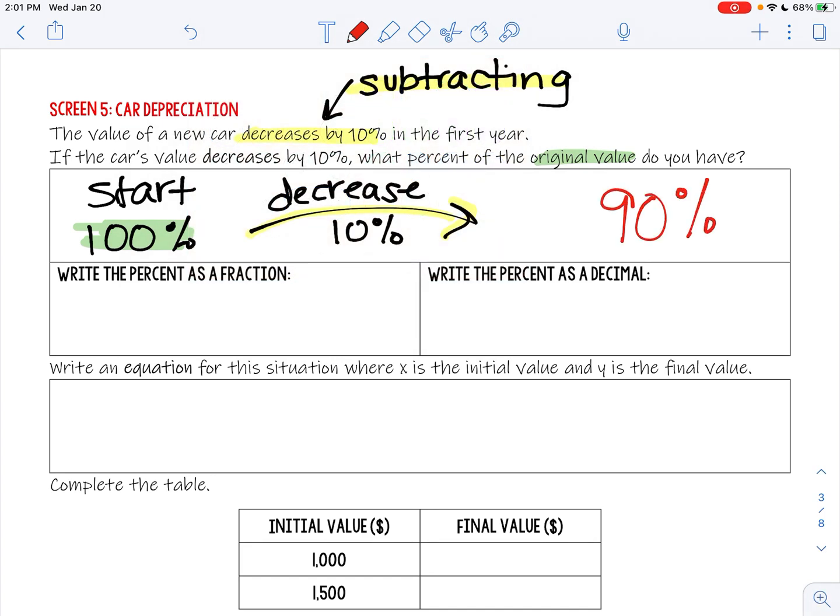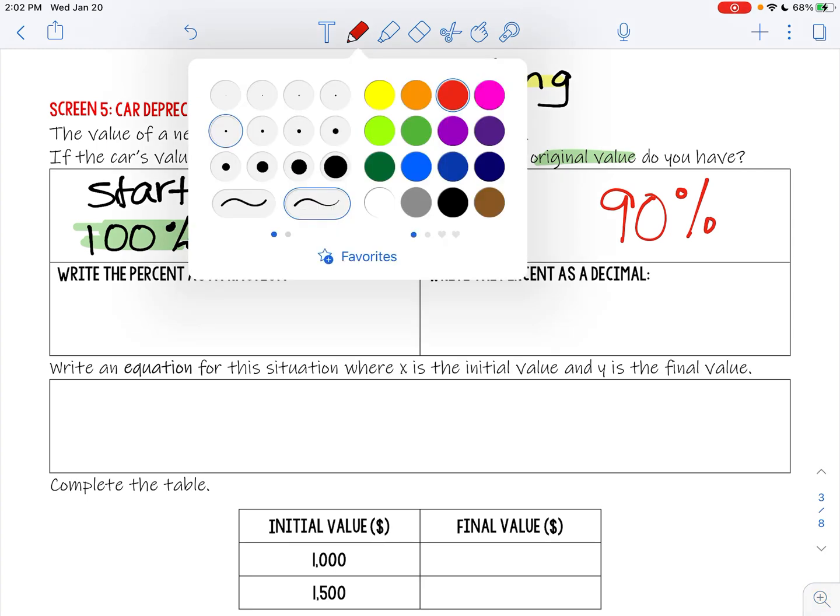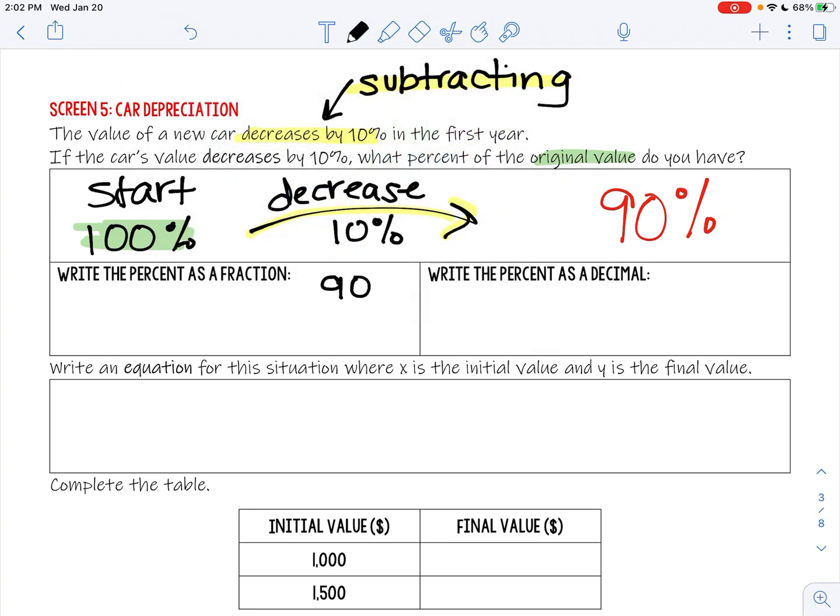So 90% represents the percent of the original value. We can write this as a fraction. It would be 90 over 100, because anytime we're dealing with fractions and percents, 100 is always the denominator. If we write this percent as a decimal, we move the decimal place 2 places to the left, and we're left with 0.90.